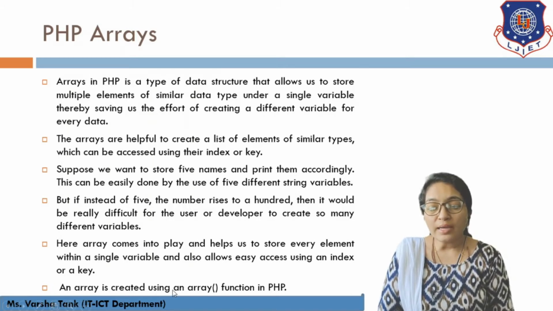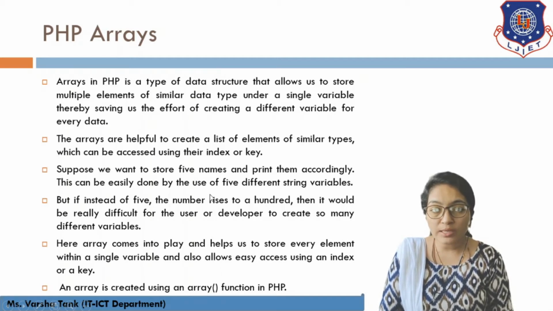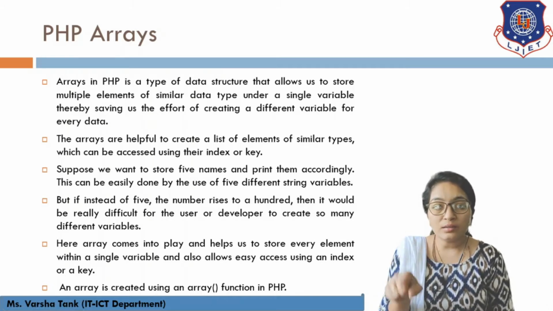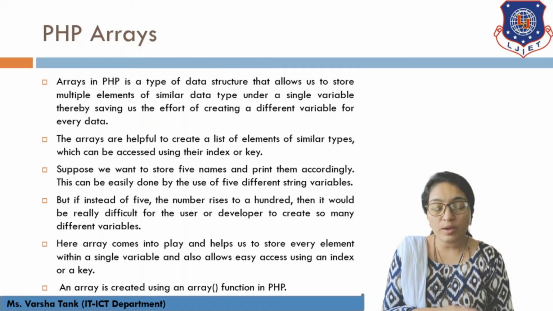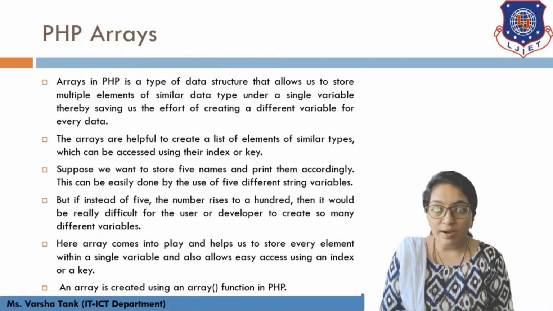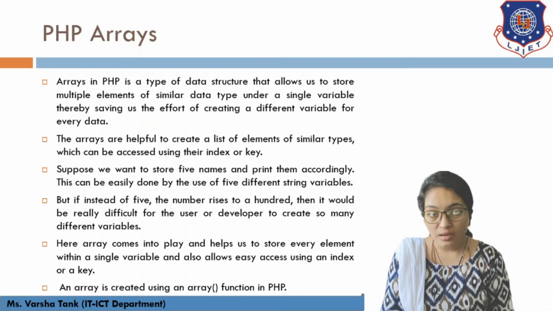An array is created using the array function in PHP. When we are going to create an array, we have to use the array function. Like in C, we just write the opening square bracket and closing square bracket after the identifier and it is considered an array. But here we have to use the array function.